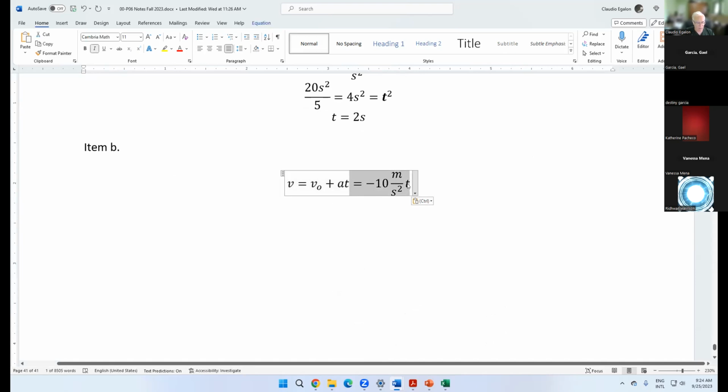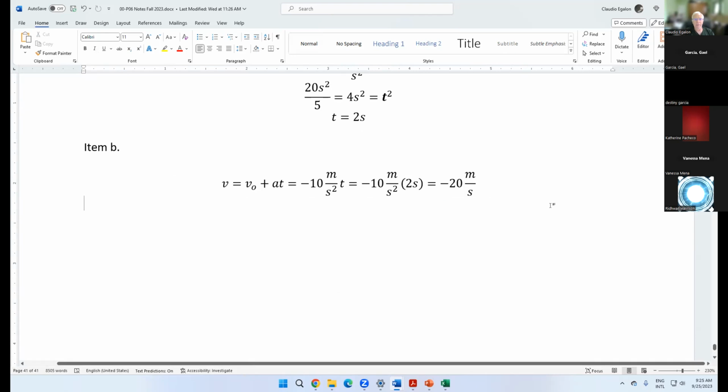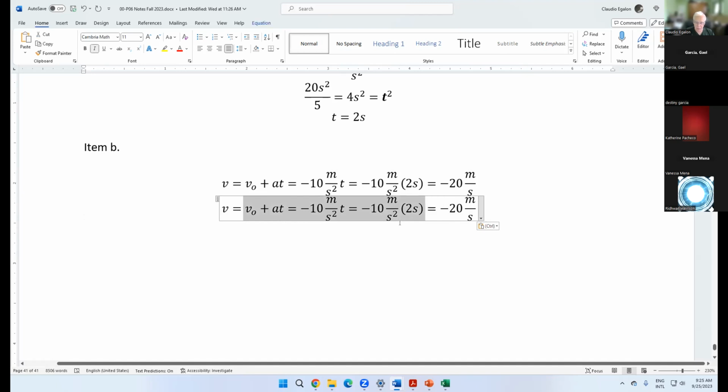You replace 2 seconds here for the t. And what are you going to get? You're going to get minus 20 meters per second. Okay? That's the final velocity just before hitting the ground.